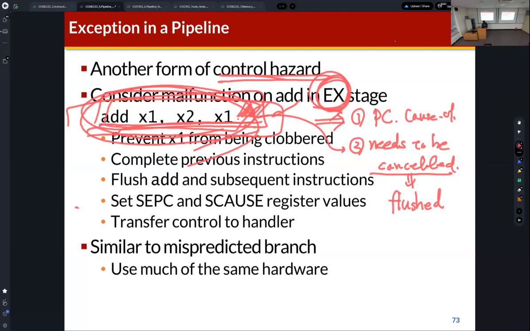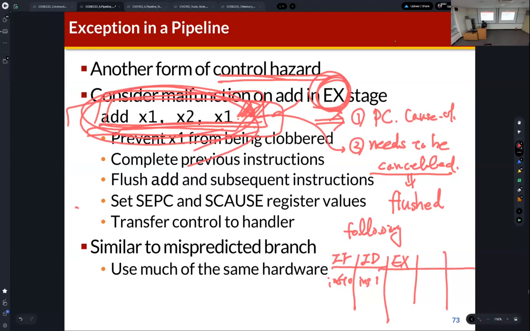Then how about the following instructions? We have a pipeline processor with 5 stages, right? This add instruction is in the EX stage. Which means that in the instruction fetch and the other stages, there are other instructions, right? There are the following instruction 0 and instruction 1. Also, this pipeline processor has preceding instructions, in the memory and write back stages.